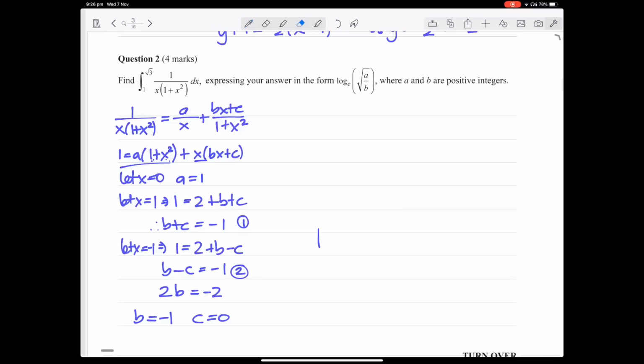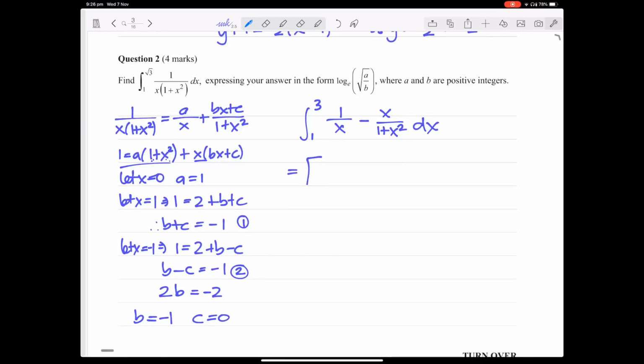So we know the integral from 1 to root 3 of 1 on x(1 plus x squared), we know that A is 1, and then we know that B is negative x, so we can just say negative x on 1 plus x squared dx.